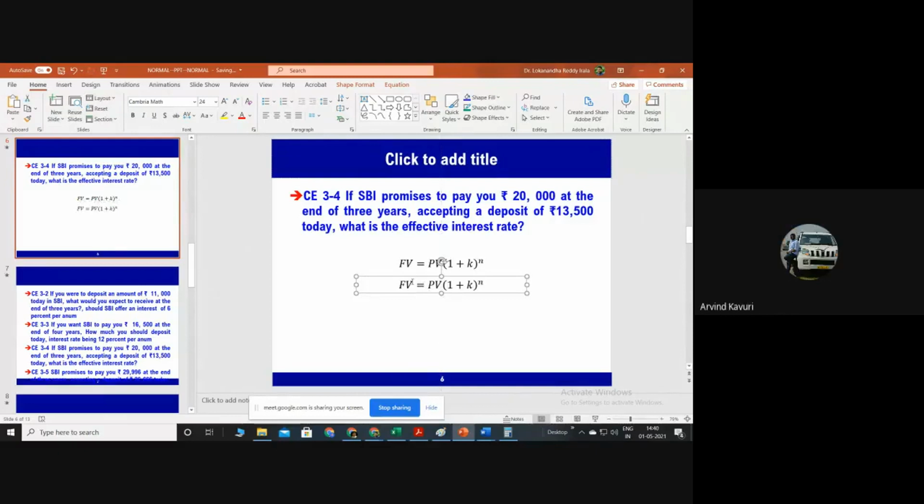Now, the future value is how much? 20,000. Present value is 13,500. We have the N value, which is 3 years.